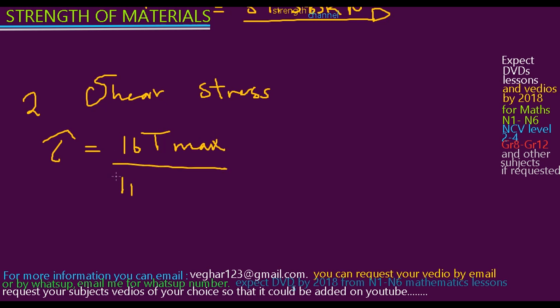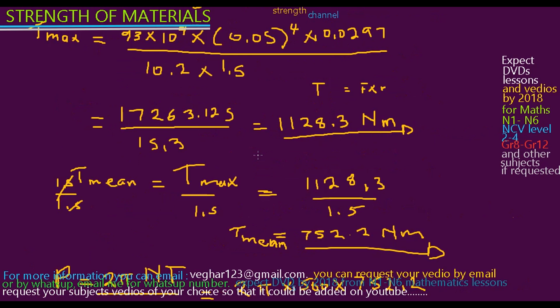And then divided by pi d cube. So if we are asked for shear stress, use this equation. We have this maximum, we have this one. So we can just copy and paste the T maximum as this one. This is the T maximum.